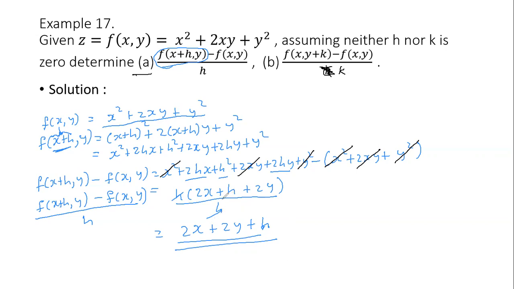There we assume h is not equal to 0. That's why the question says assuming neither h nor k is 0. In part A, we assume h is not equal to 0 because we divide top and bottom by h. In part B, you have to divide by k.